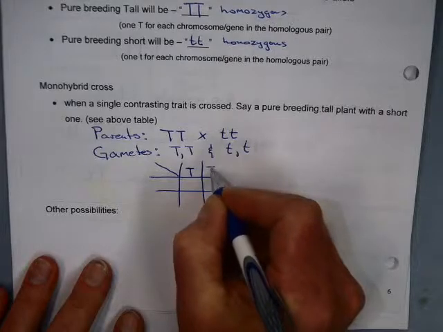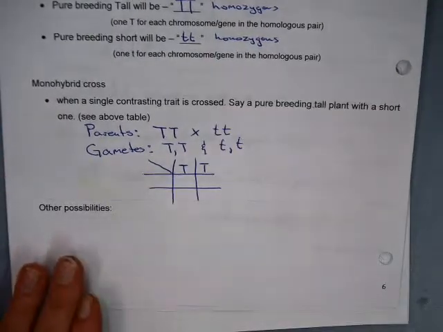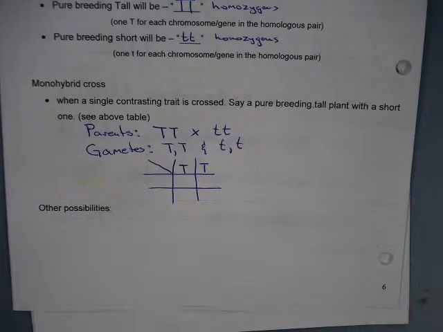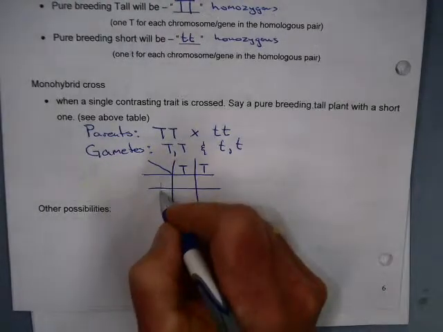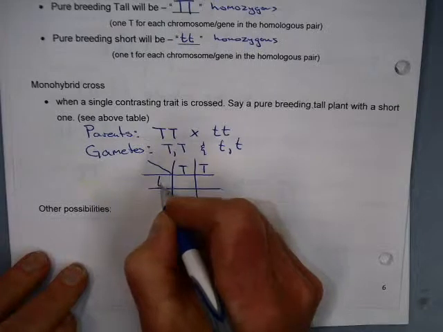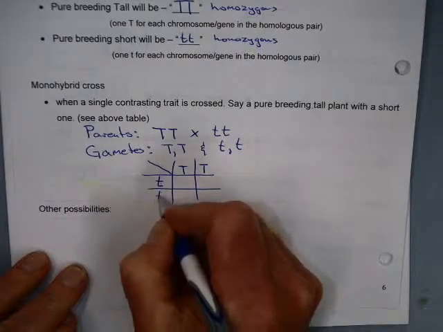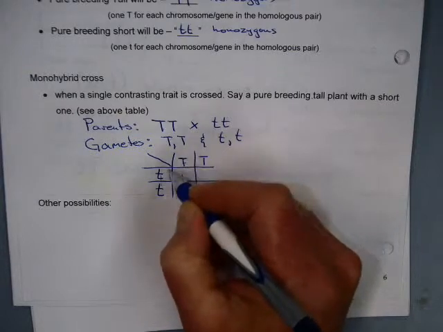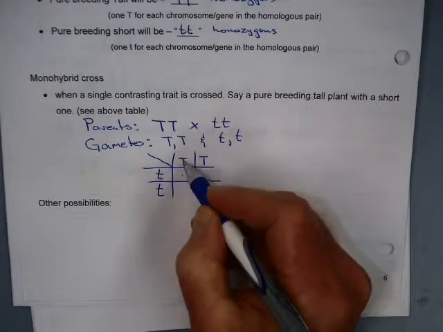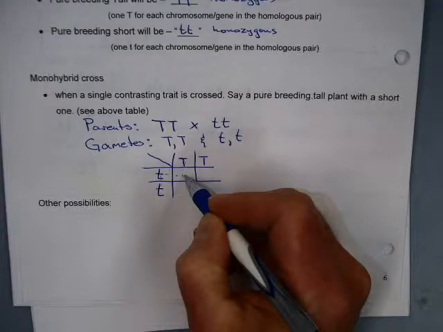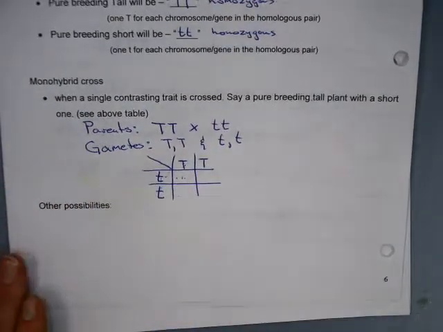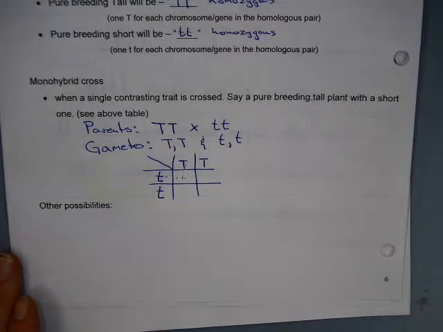One gamete per square only. Okay? Down the side, one gamete per square. Now, where these boxes are intersected, that is where you put the alleles from each parent, or the possible alleles from each parent. And by the way, you always put the capital letter first.